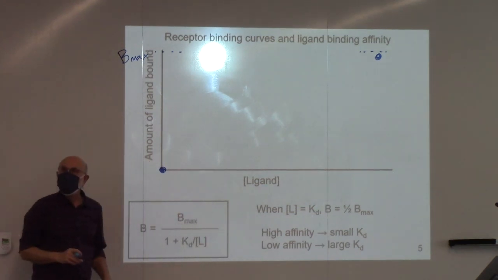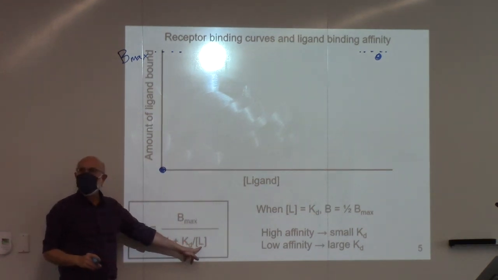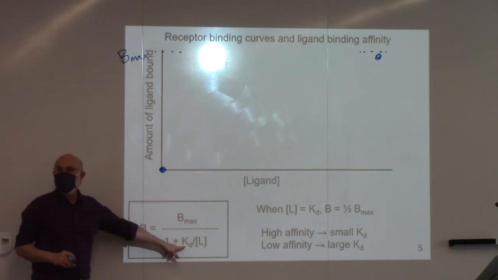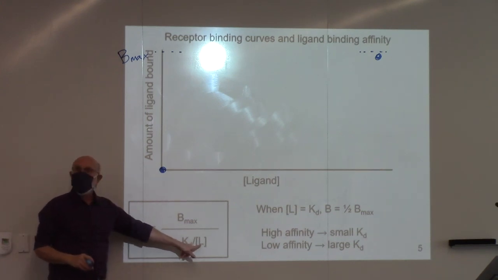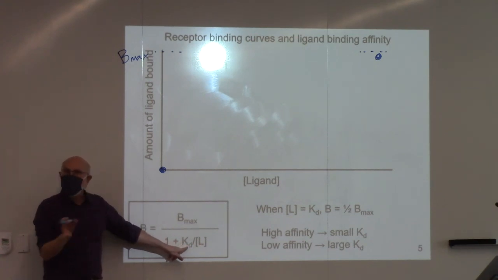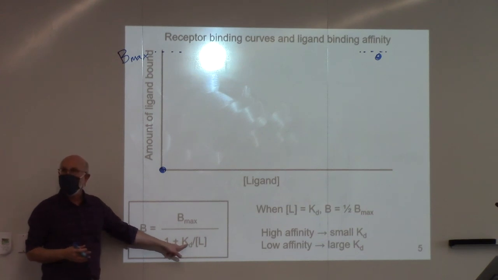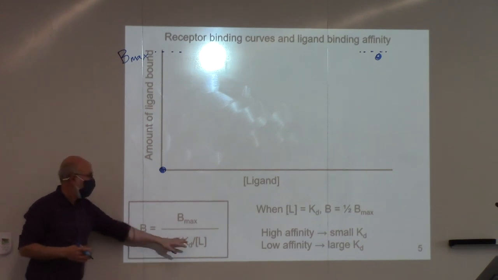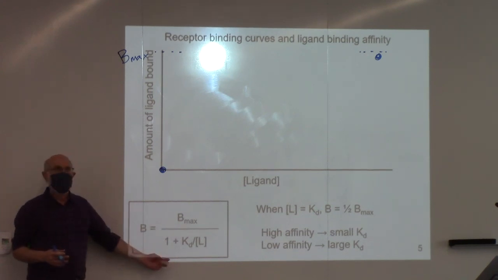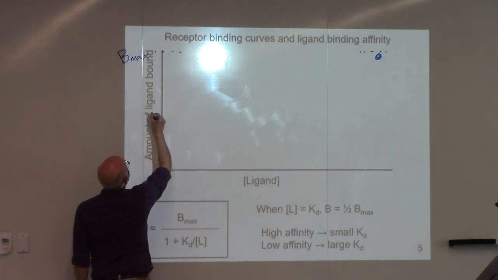Let's look at what happens when the ligand concentration is equal to Kd, whatever the Kd is for this binding reaction. Remember, every reaction has its own Kd. Well, if this is equal, this is 1. If this is 1, this is 2. Vmax over 2. So 1/2.